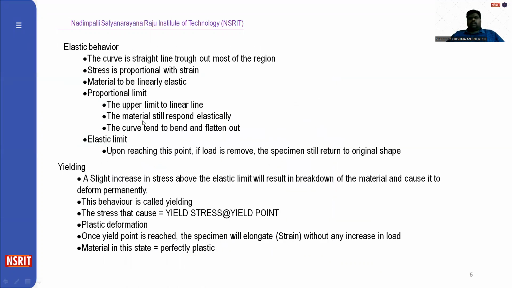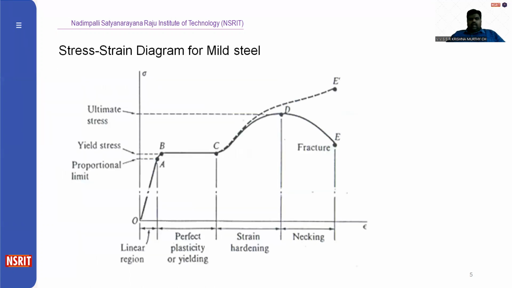Up to the upper limit, it will be a linear line, and the material still responds elastically. The curve tends to bend after you cross the elastic region. Next, if you further increase the load, the point is called the yield point or yield stress.